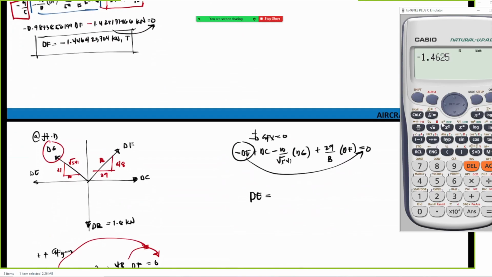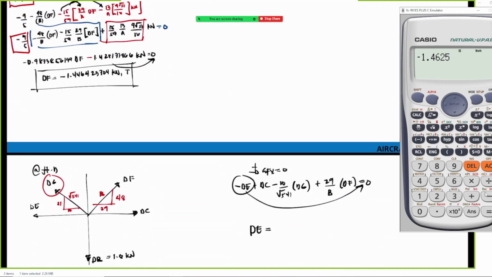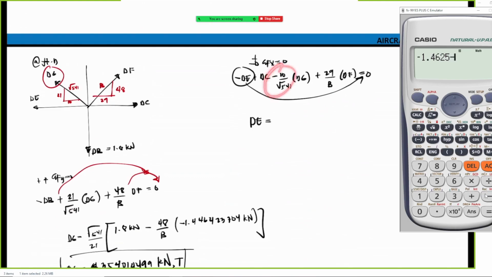Minus, okay, minus daw, 10 over square root of 541 times the value of DG, which is your answer kanina. Okay?